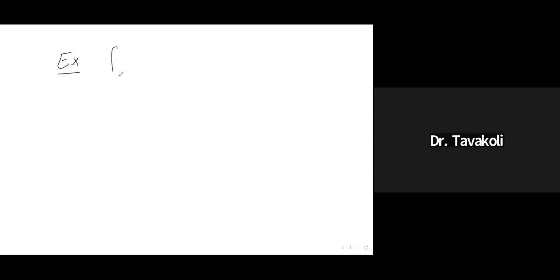Suppose I want to find the integral of a rational function. It's a fraction. On the top, I have 3x plus 11. At the bottom, I have x plus 1 times x plus 3.